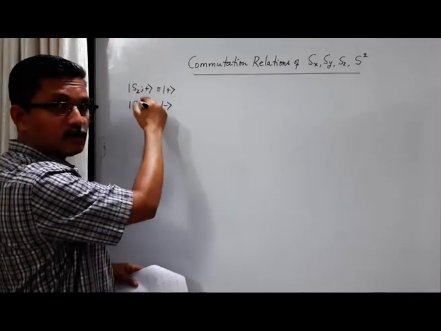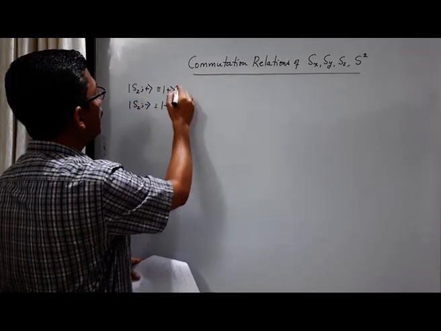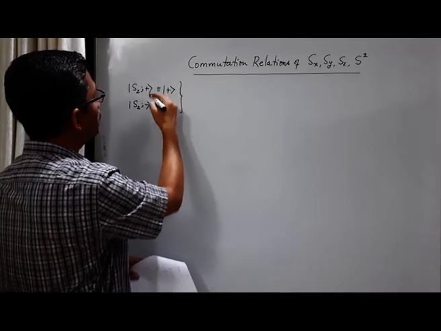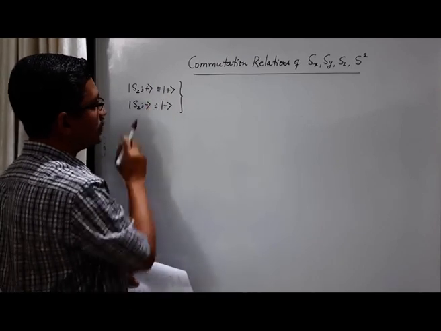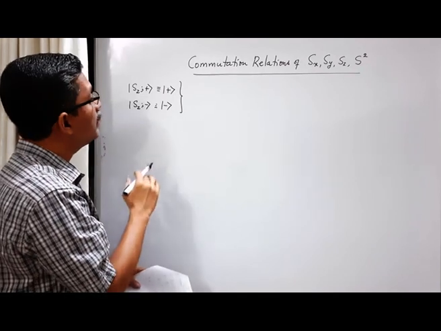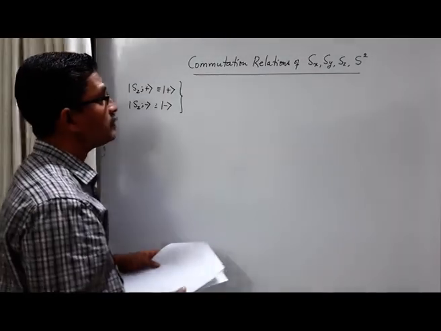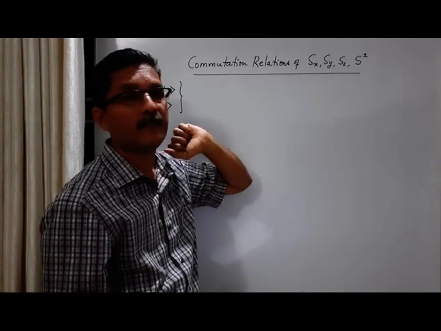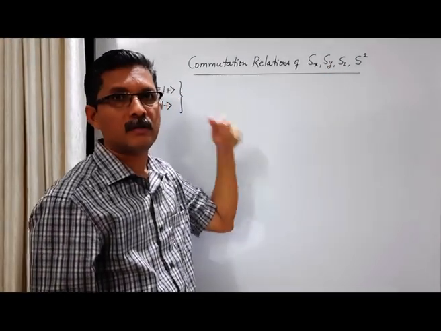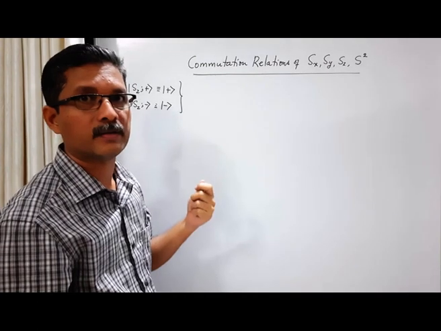These are the eigenkets of the Sz operator, and using these eigenkets, we have used the short notation ket plus and ket minus. So we can express these three operators Sz, Sx and Sy in terms of these eigenkets of the Sz operator.